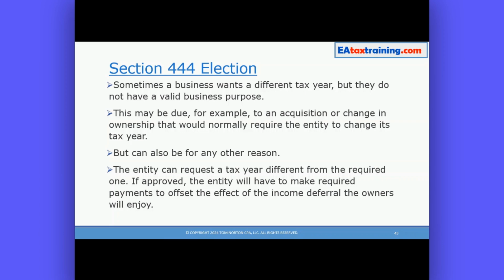Well, normally that entity would now have to change to a June 30th tax year because you have to go with the majority owner, which is that C corporation. But you can request from the IRS, you can make this Section 444 election to keep the tax year that it already was.